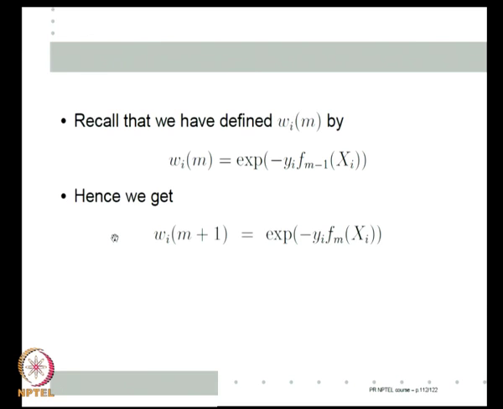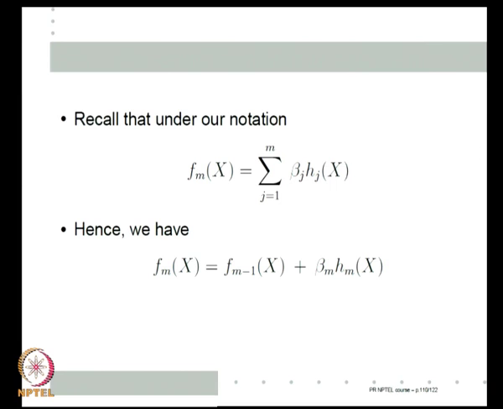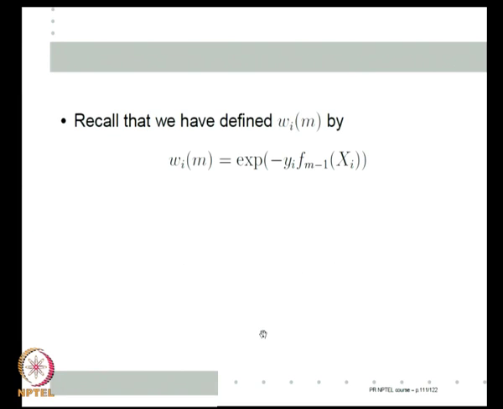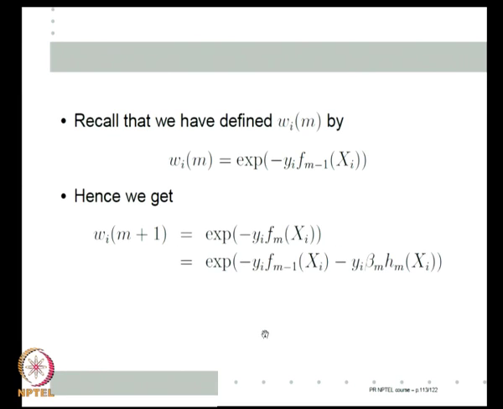So, w_i^(m+1) will be exponential of minus y_i into f_m(x_i). Okay. Now, we know f_m is this. So, I substitute that, it will become minus y_i f_(m-1)(x_i) minus y_i beta m h_m(x_i).